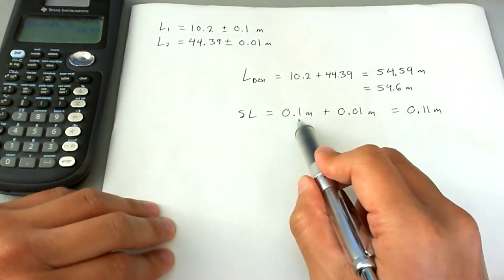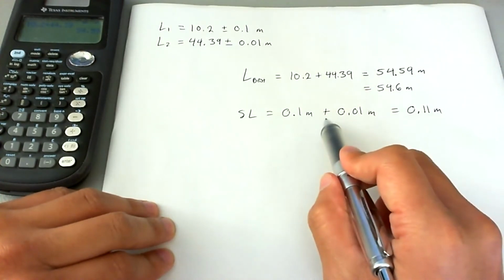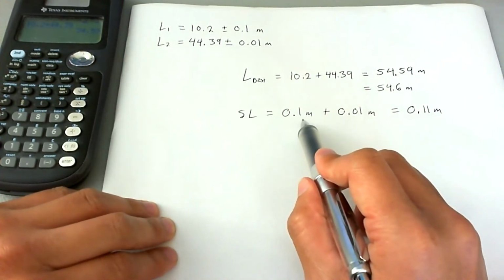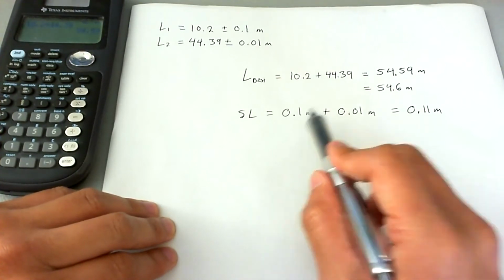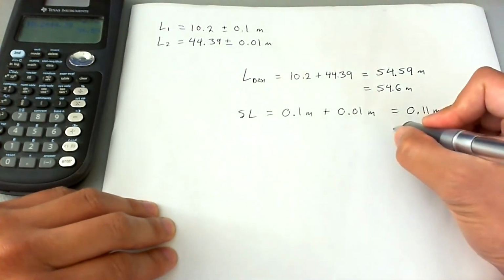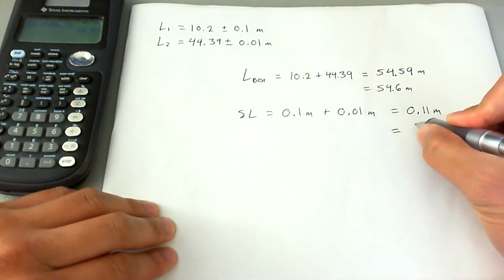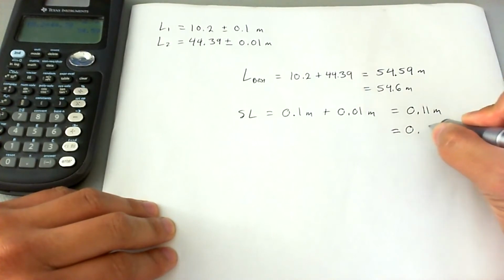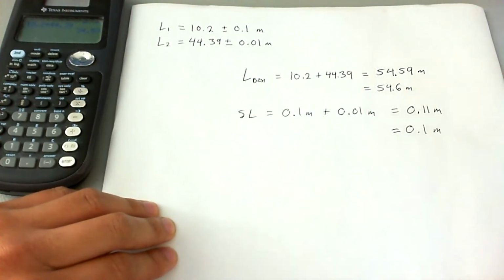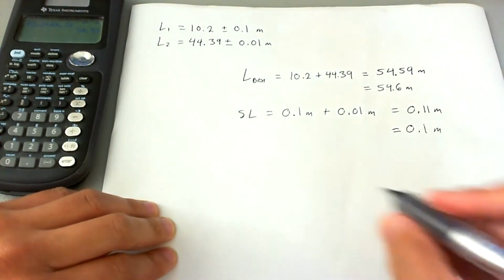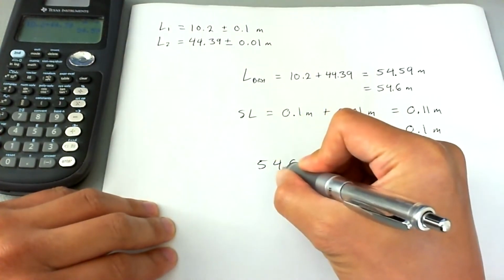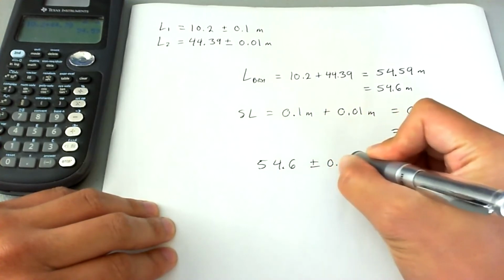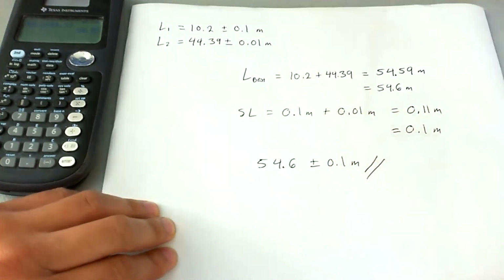Again, since it's an addition, we take the value that had the least decimal places, and we put it in our final answer, just to retain the certainty. So that's going to be 0.1 meters. The final answer is then going to be 54.6 plus or minus 0.1 meters.